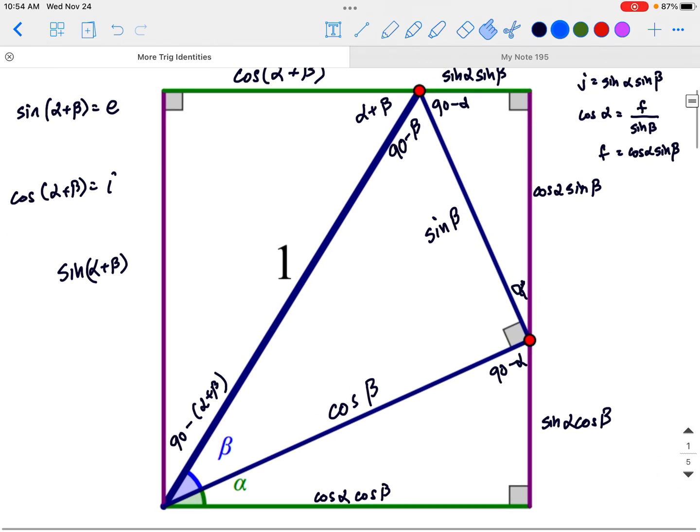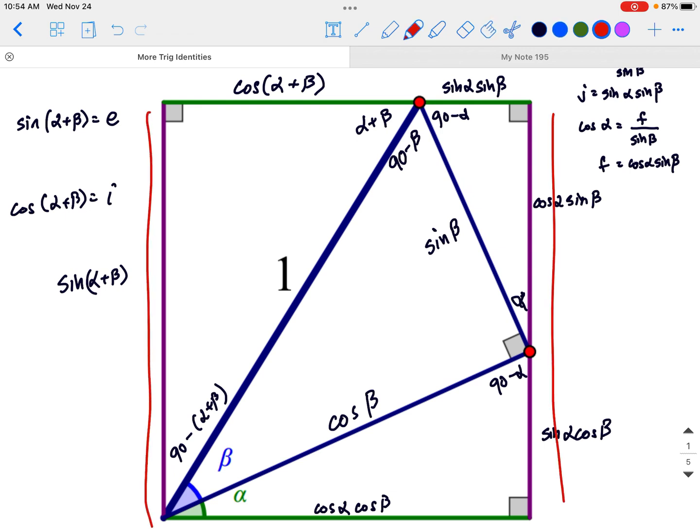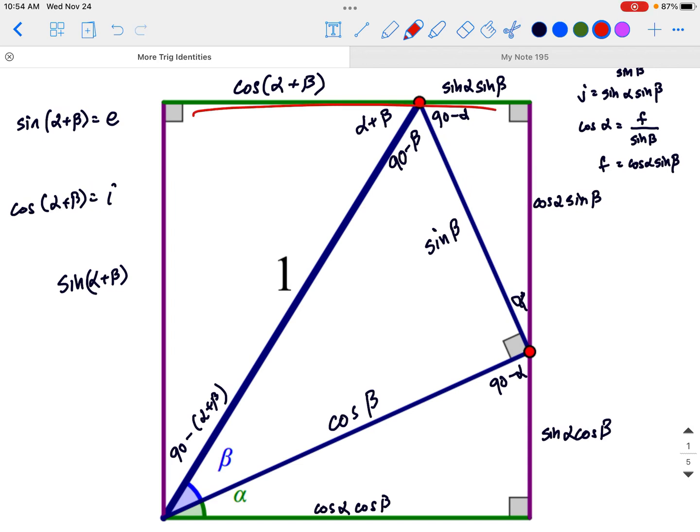Okay. So if we look here, we've got all of our side lengths. So now what we're going to do is use the fact that this side length and this side length are really the same lengths. So the two vertical sides are going to be the same length, and the two horizontal sides are going to be the same length.